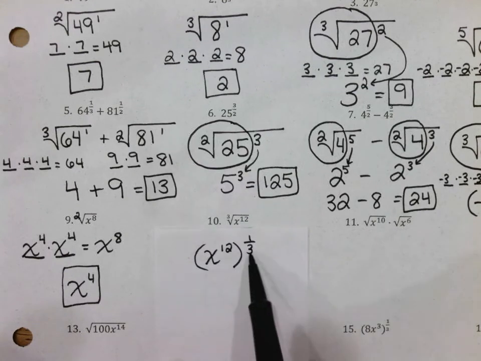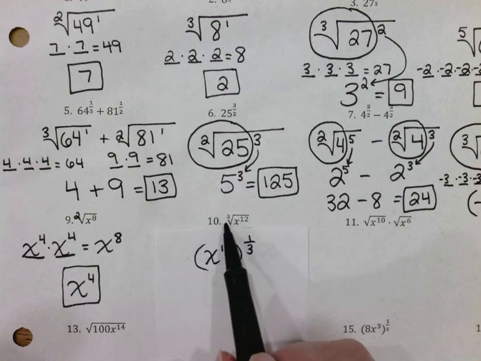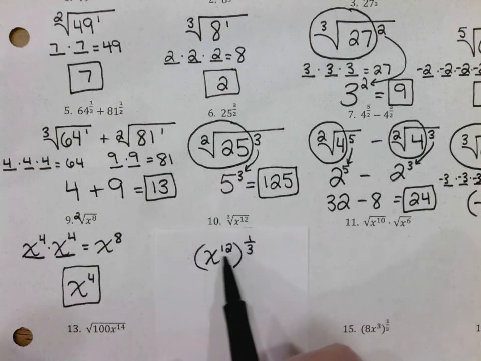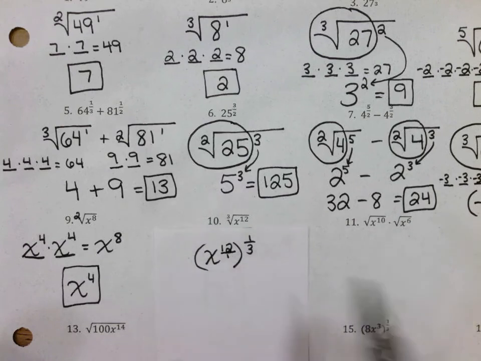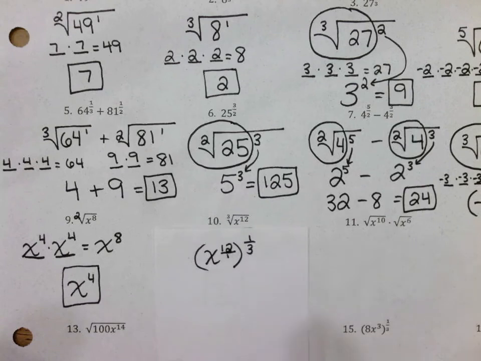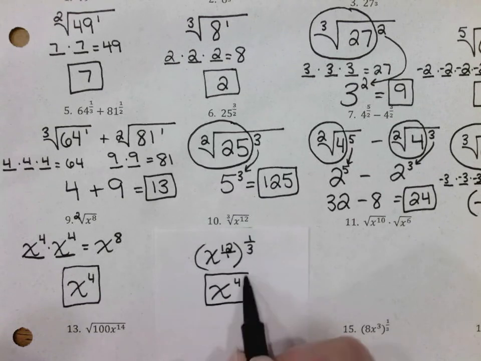Since that's our index, right? The denominator is always our index. And then you could just use the power rule. You could say, okay, 12 times 1/3. You just multiply across. That's 12 divided by 3. That still gives me x to the 4th. That's just a different way of thinking about it.